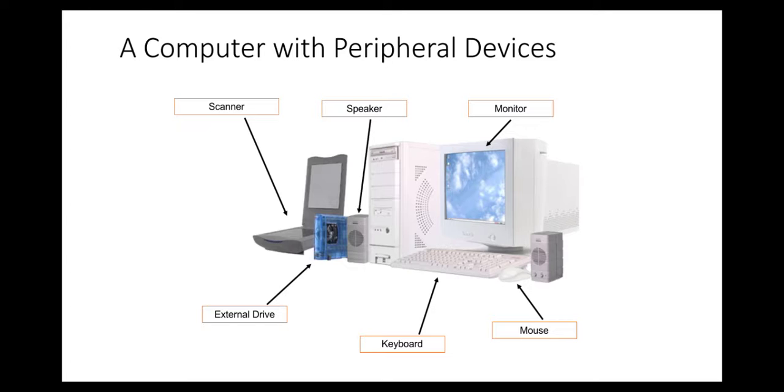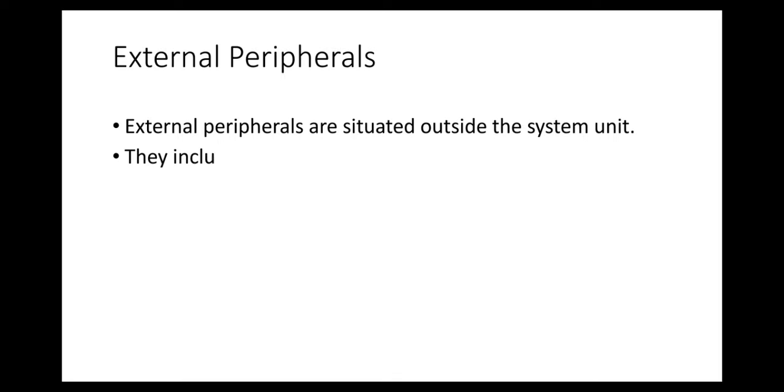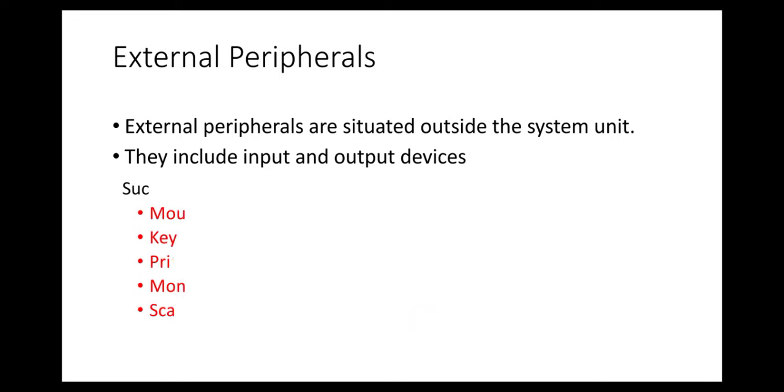External peripheral devices can be input devices, output devices, or both. External peripherals are the devices that are situated outside the system unit, outside the central processing unit, outside the system box. They include input and output devices such as mouse, keyboard, printer, monitor and scanner.